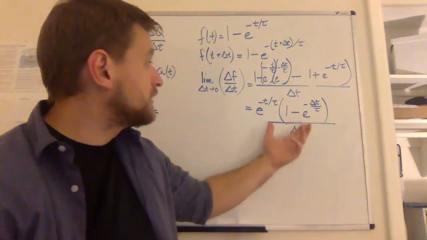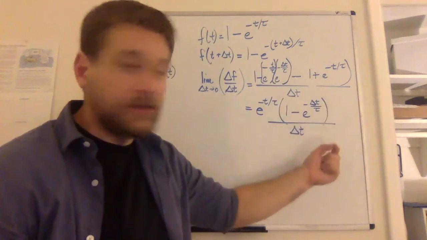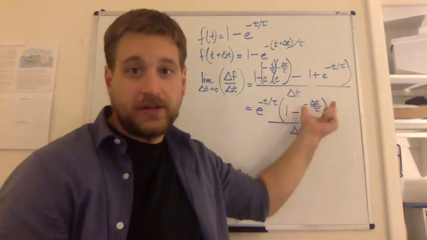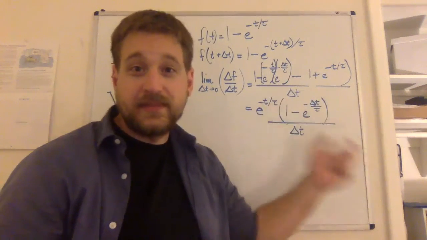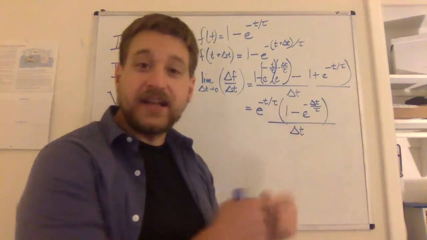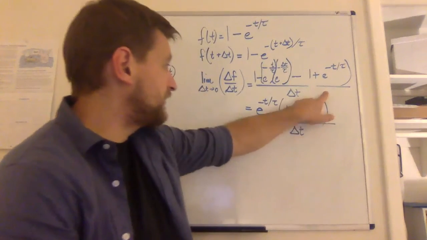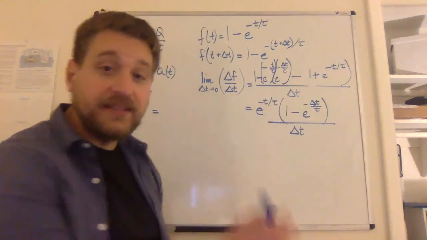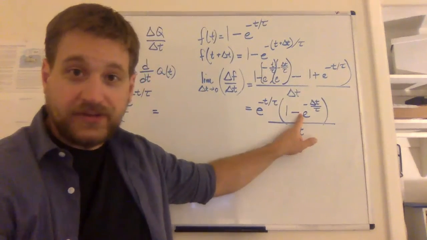And the logic here is that as delta t gets smaller and smaller, this thing in parentheses gets smaller and smaller, the same way that delta t does. They go to 0 equally fast, which means that the smaller delta t gets, the closer to 0 this becomes.